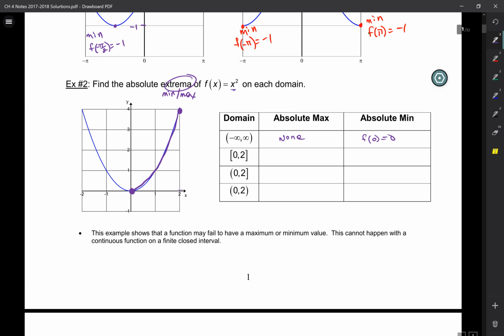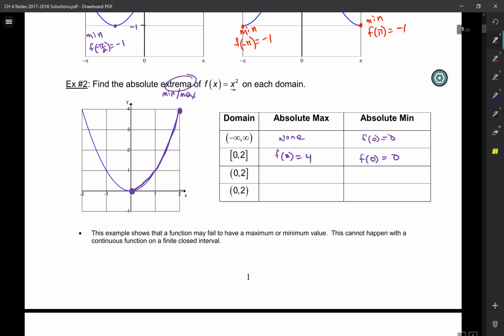Now that you have a closed interval, you're allowed to look at the endpoints and what happens in the middle. So let's talk about absolute maximum. What is the highest y value that this reaches? It's 4. So we say f of 2 is equal to 4. And the lowest is f of 0 equals 0.